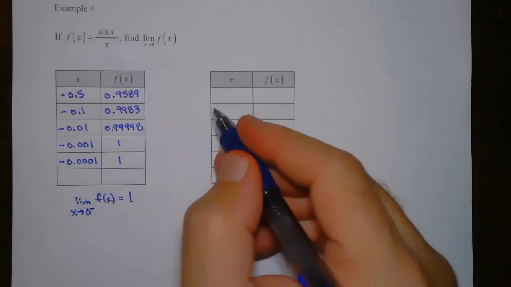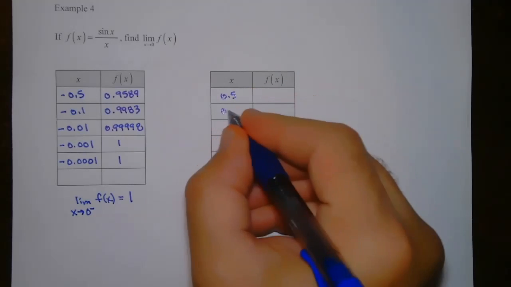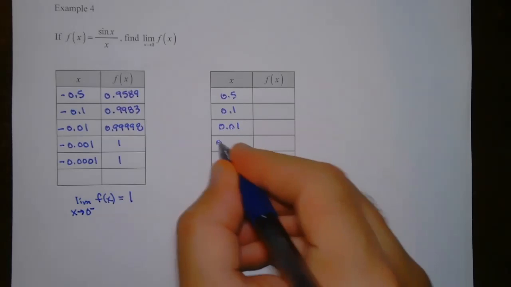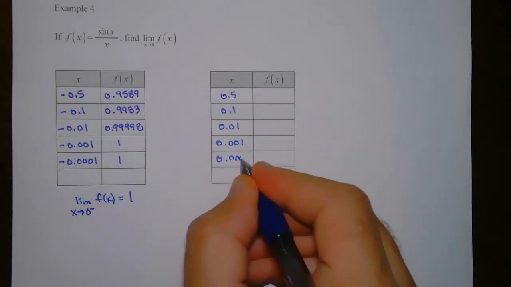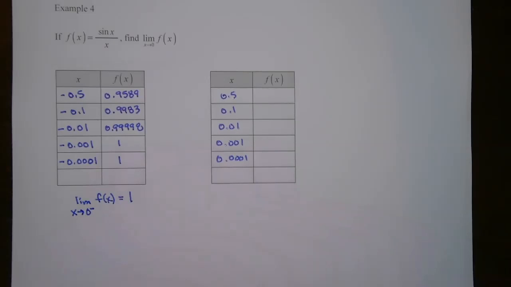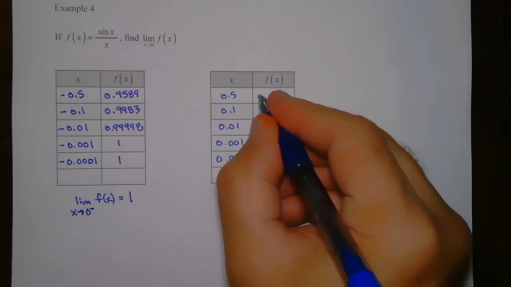Now we want to be 0.5 to the right. So that'd be 0.5, 0.1, 0.01, 0.001, and 0.0001. This one's going to get close to 1 really fast. Okay? So 0.5 was 0.9589.